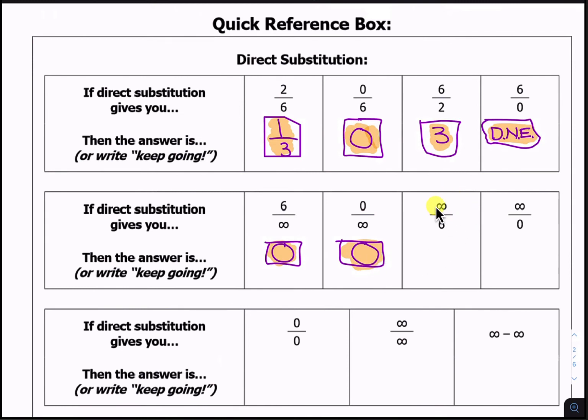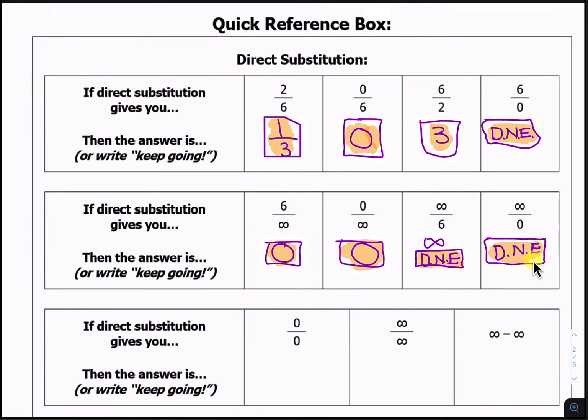If you have the numerator, the top part, getting big, but the denominator stays as a 6, then that is going to go towards infinity, which means the limit does not exist. And if the numerator is getting big while the denominator is going towards 0, then that does not exist as well.